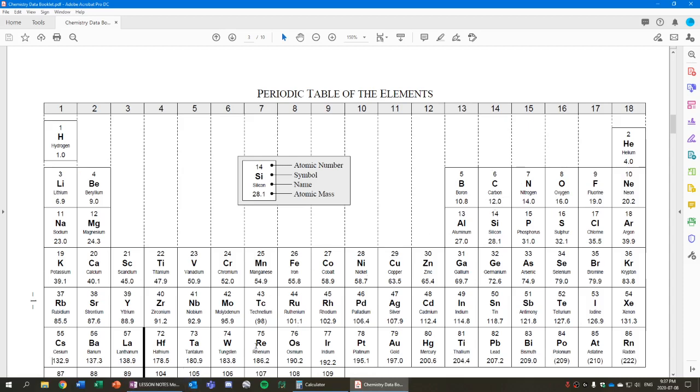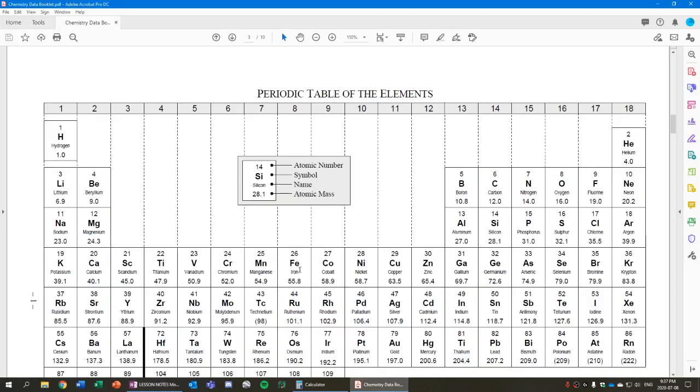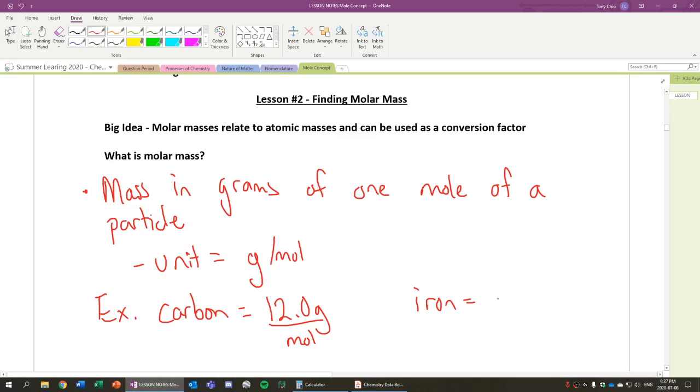So if you had 1 mole of carbon, it'll be 12.0 grams per mole. Iron, if you look over here, is 55.8 grams per mole. So if you had 1 mole of iron, it'll be 55.8 grams per mole.